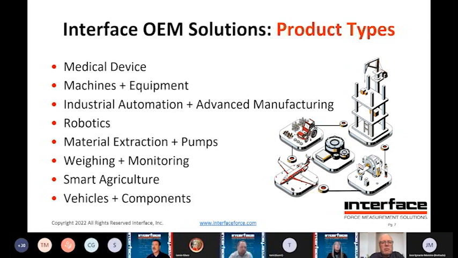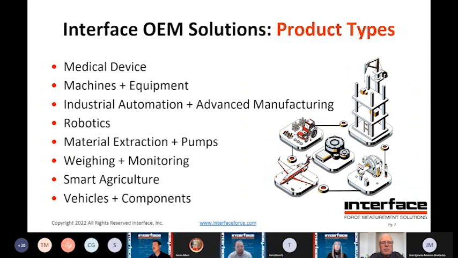So smart agriculture, another up and coming one. Industrial automation is obviously trying to get these manufacturing facilities more efficient. Well, same thing with farming, right? They're trying to get that as efficient as possible. And it's crazy what they're doing with the equipment and machines out there today. So many of our sensors are used in this market: multi-axis, torque, and load cells.